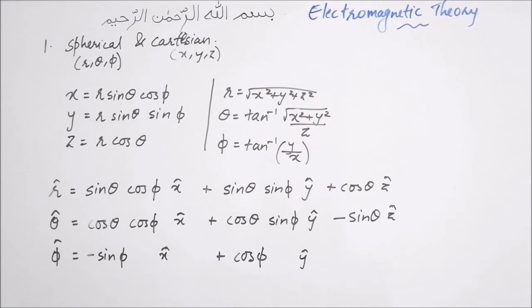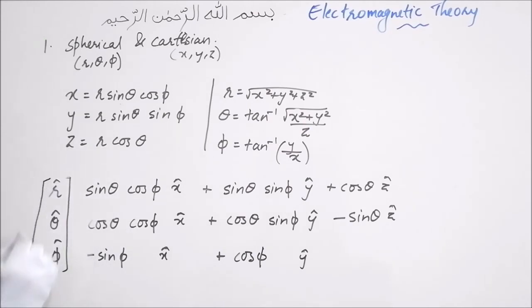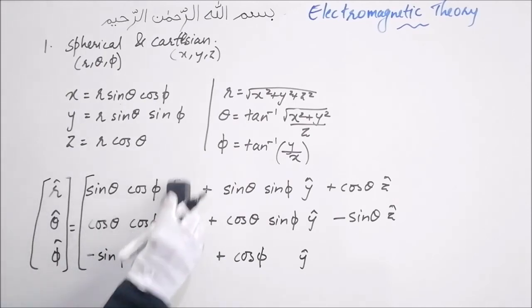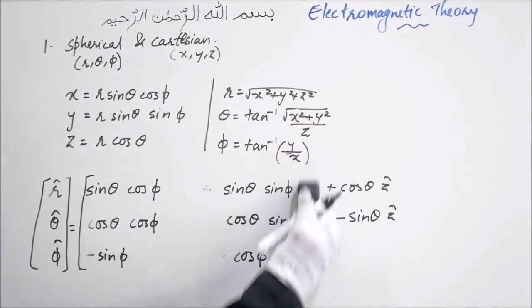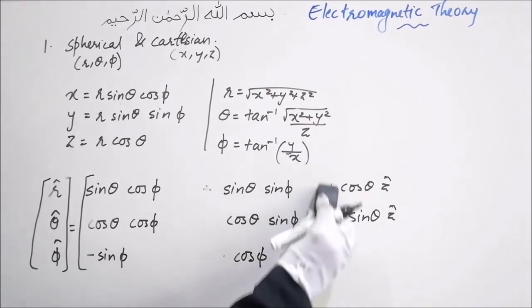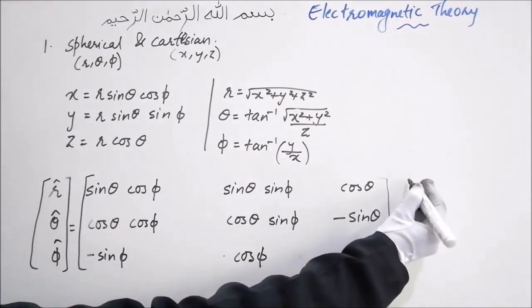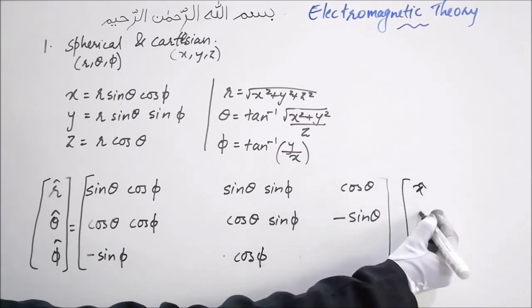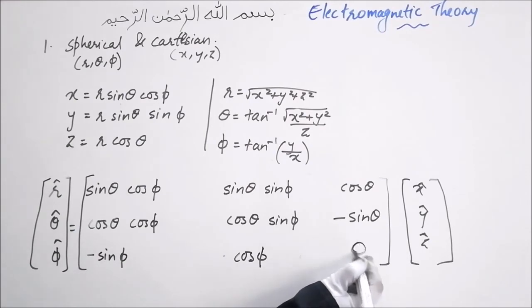Now this can be written in matrix form as r theta phi equal to one matrix multiplied by x hat, y hat, z hat, and 0 here.